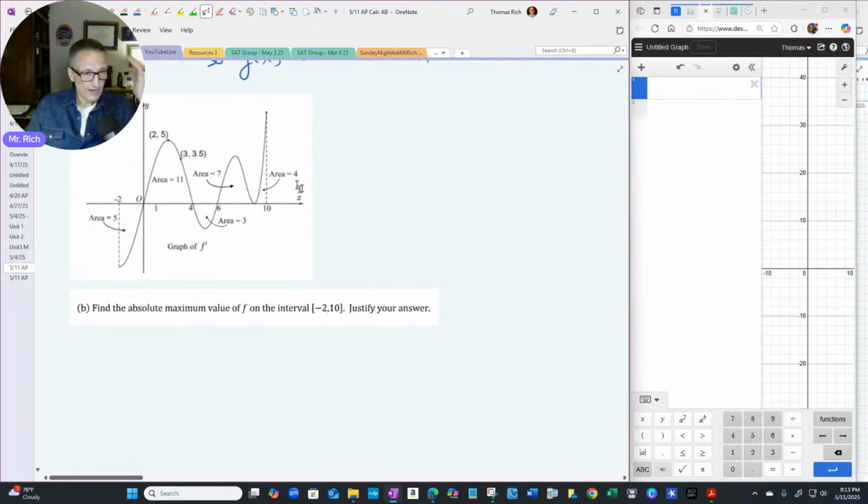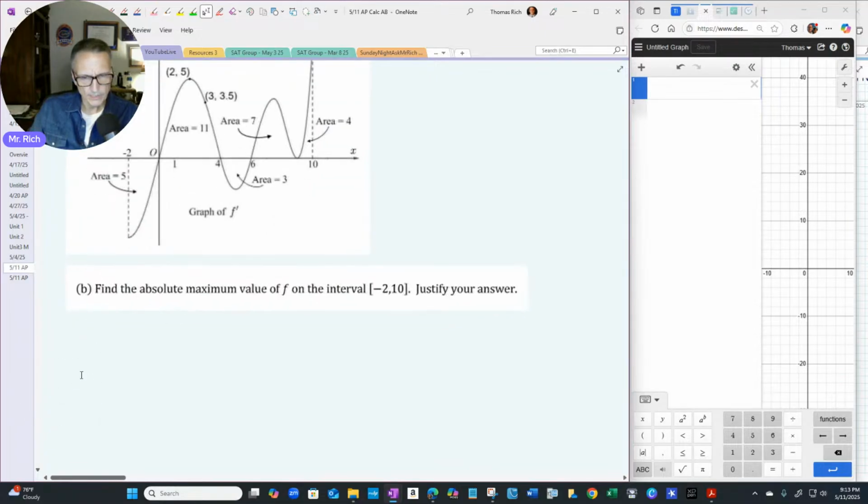Part B says, find the absolute maximum value of f on the interval negative 2 to 10. Well, this is what we would call a candidates test. This is wanting me to find the absolute maximum value over a closed interval.